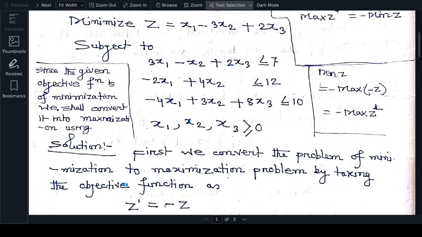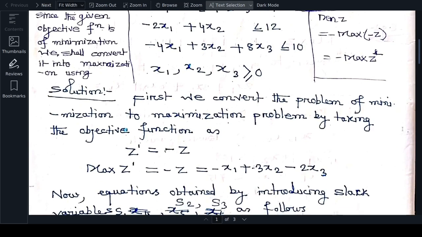So first, you see how to convert. Go to the solution: convert the problem of minimization to maximization by taking the objective function as z dash equal to minus z. When we write max z dash, then max z dash equals minus min z.